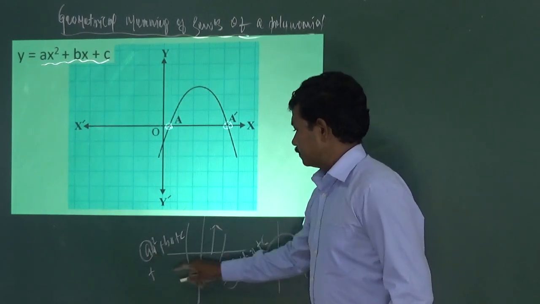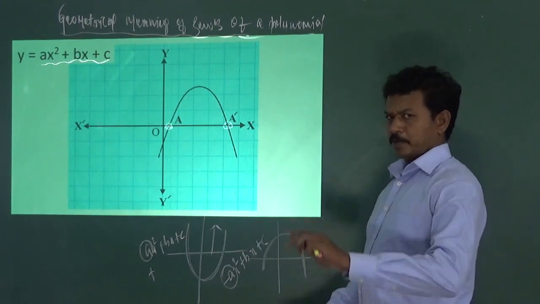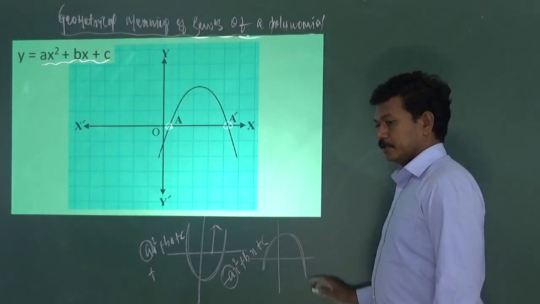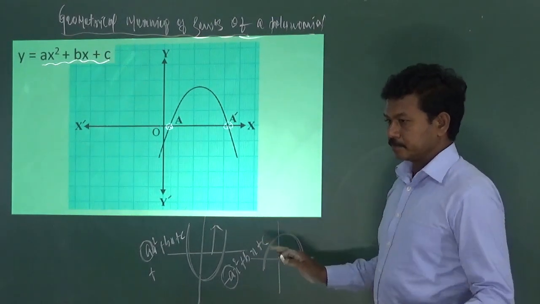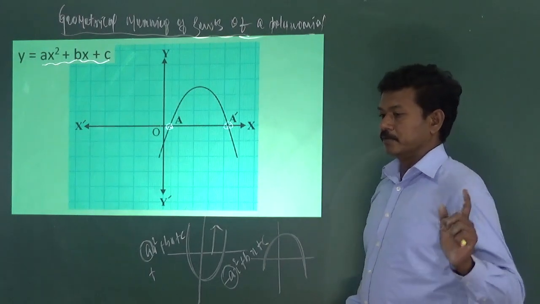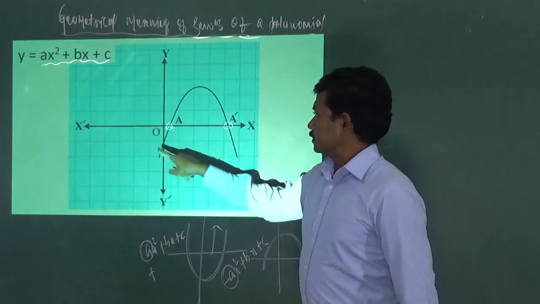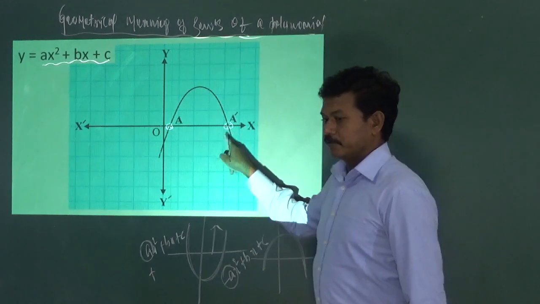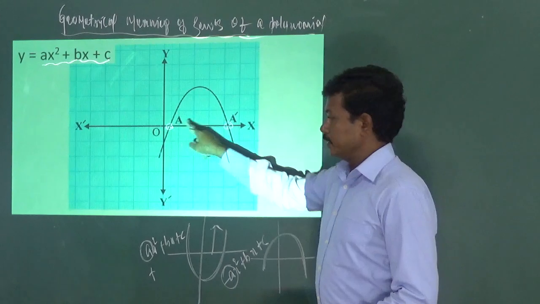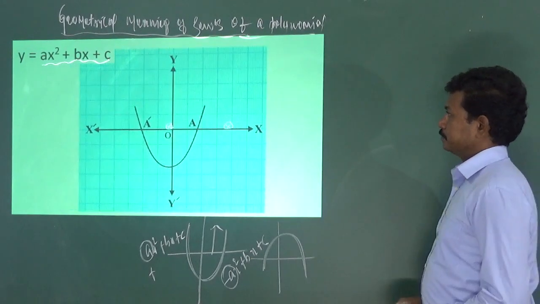If a is positive, then the parabolic curve will be in the upward direction. No problem, don't worry about this. Whether it is in the upward direction or reversed, it doesn't bother us. The thing is, how many zeros are there for this quadratic polynomial? As this parabolic curve intersects the x-axis at two distinct points, there are two zeros. Among them, one is a, another is a dash. Okay, we will go with the next one.